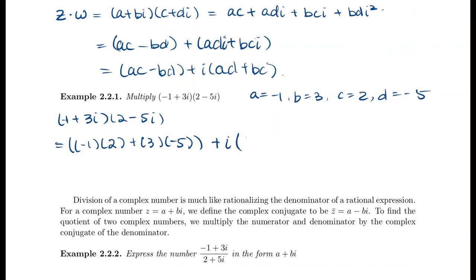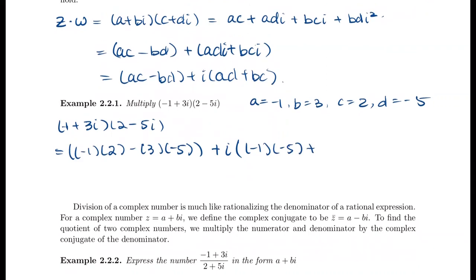So our a, once again, is -1 multiplied by -5, plus, oh sorry, this should be a negative. So plus here, our b is going to be 3, and our c is going to be 2.